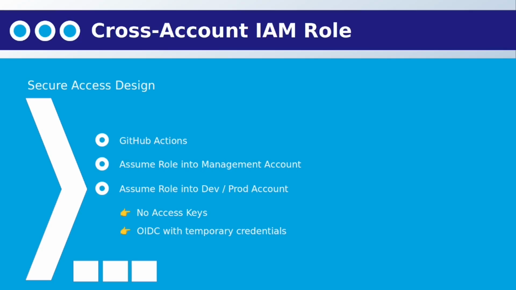The flow is GitHub Actions assumes a role in the management account, then assumes a role in the dev or production account. This is called cross-account role assumption. The benefits: no stored AWS secrets, temporary credentials, strong trust relationships, and full audit logging in AWS CloudTrail.